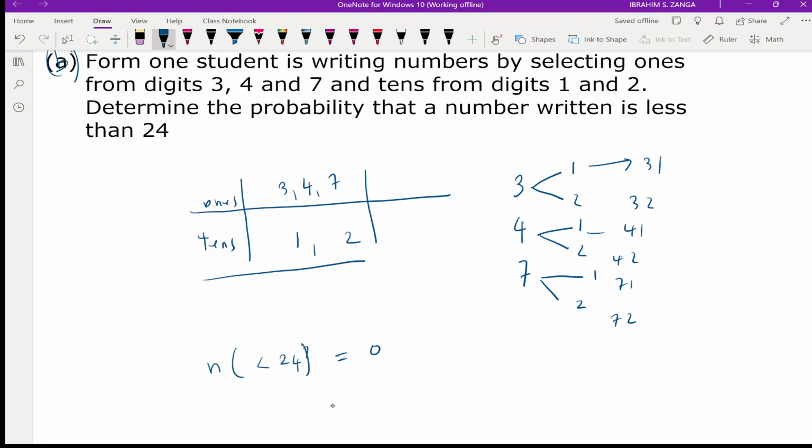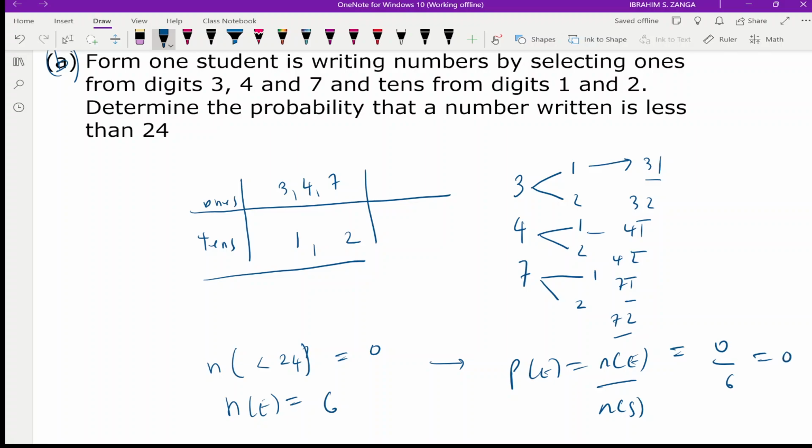From here you have 0, and the number of events in the sample space, dear friends, is 1, 2, 3, 4, 5, 6, equals 6. Probability of an event, of course, we take the number of events divided by the number of the sample space. From this case, you have 0 over 6. Probability is 0, dear friends.